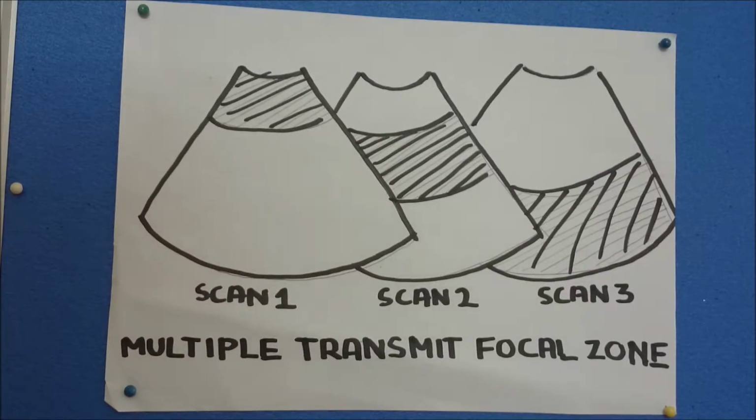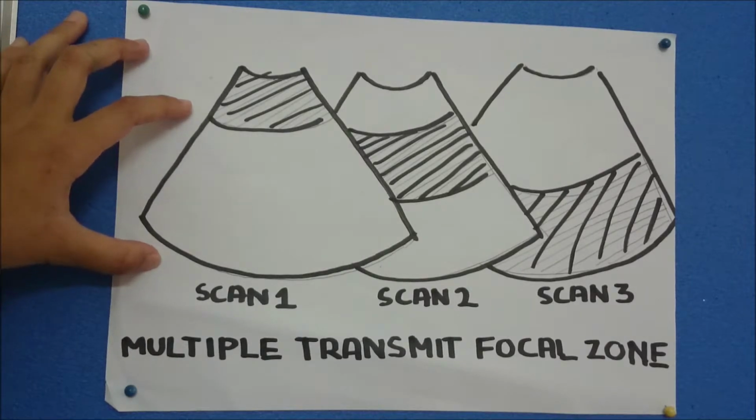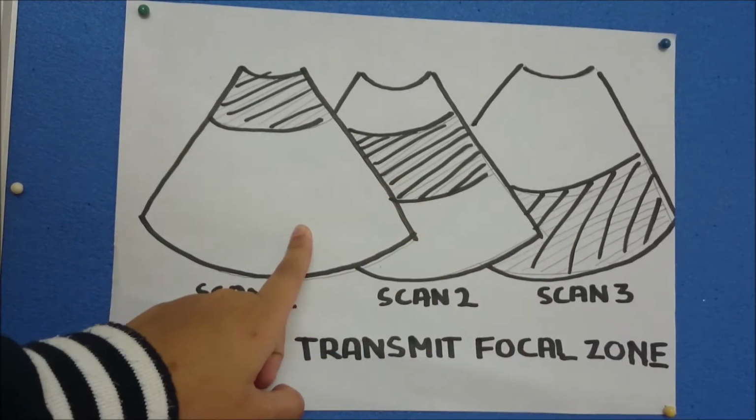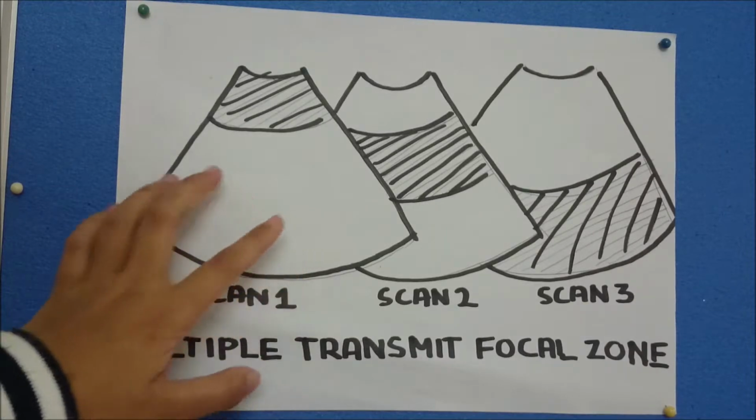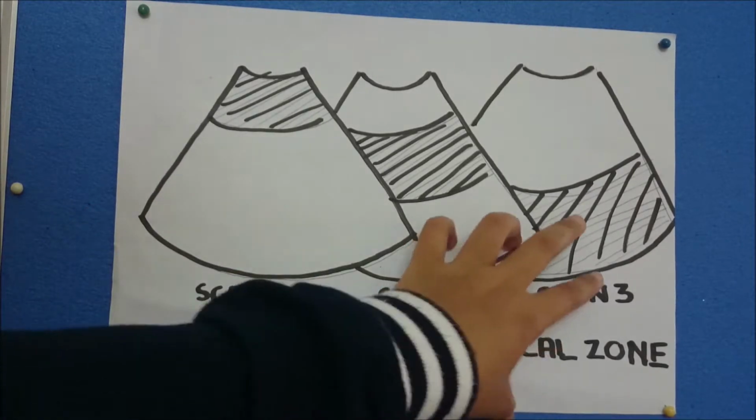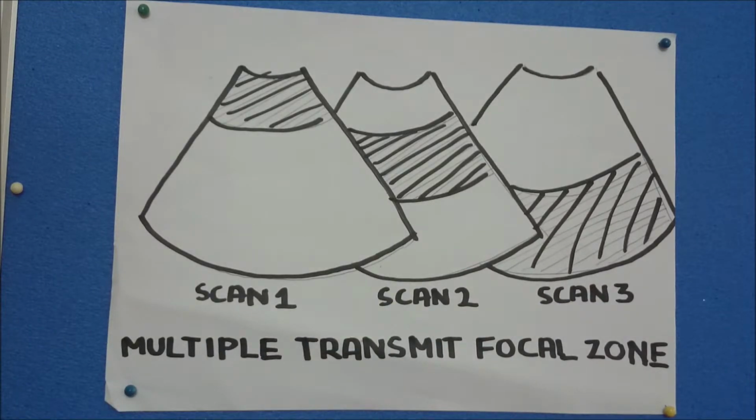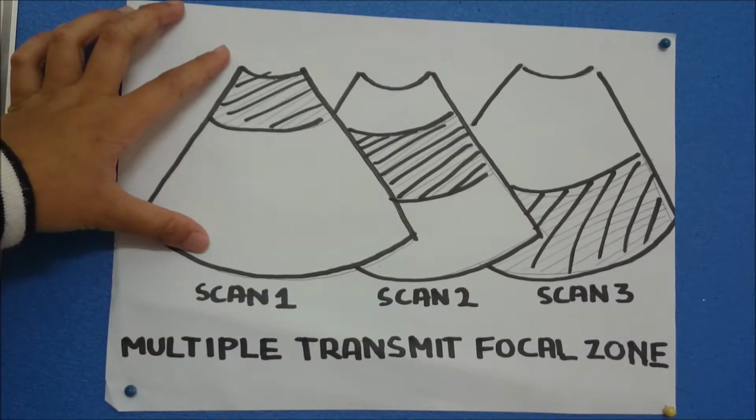Another feature of array transducers is the multiple transmit focal zones, which expand the focal region of the instrument, but the sound can only be focused at one depth at a particular time. Therefore, to make multiple transmit focal zones, from the diagram, we have a 3 focal zone setup. When we combine the echo data from the 3 scans of the beam, we can have that figure.